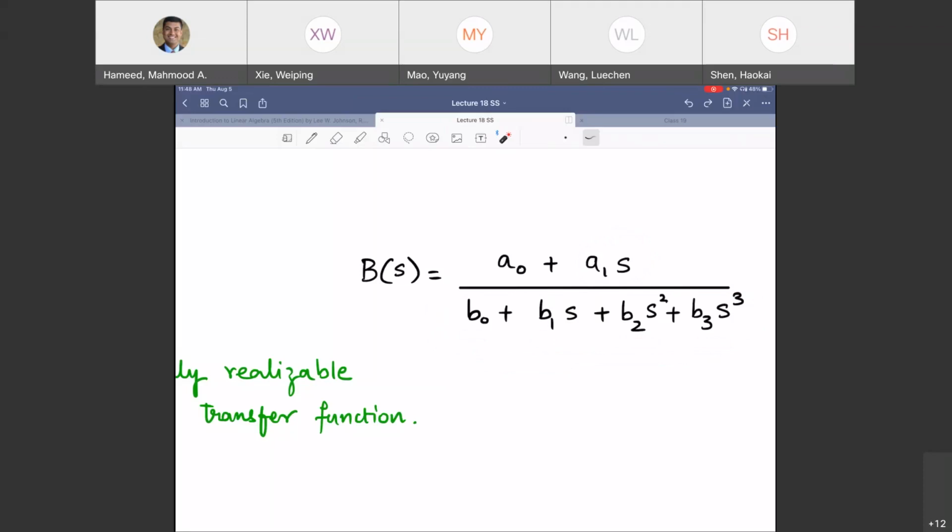Now, if you can find out A0, A1, B0, B1, B2, B3 such that you meet a Butterworth criteria, which is maximally flat and then smoothly goes to 0, then you have designed the filter, right?